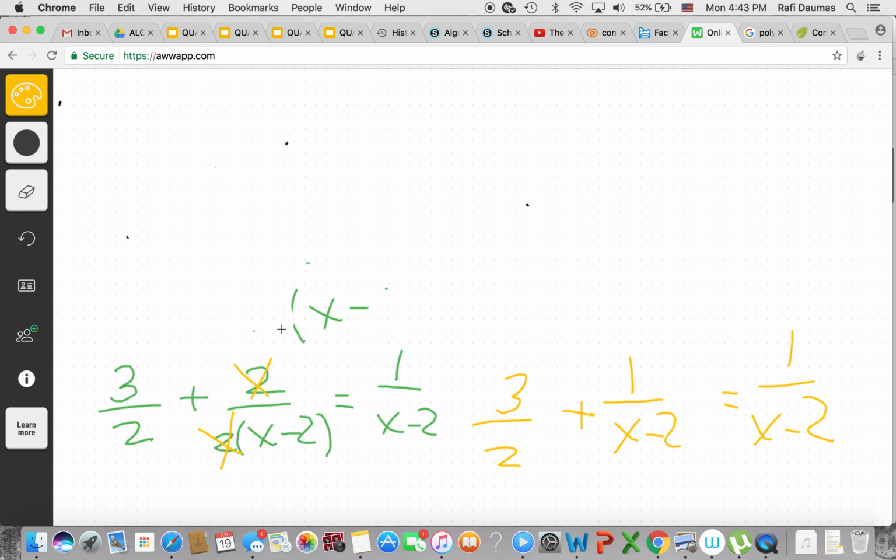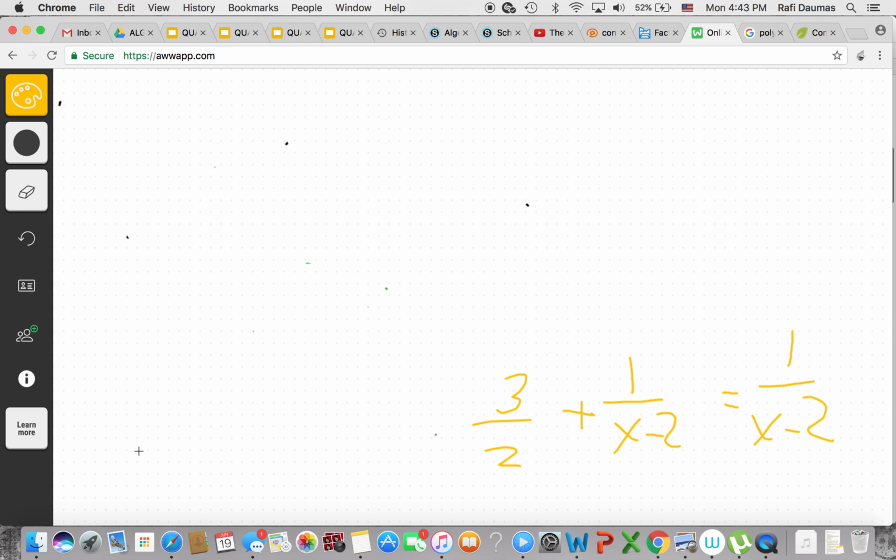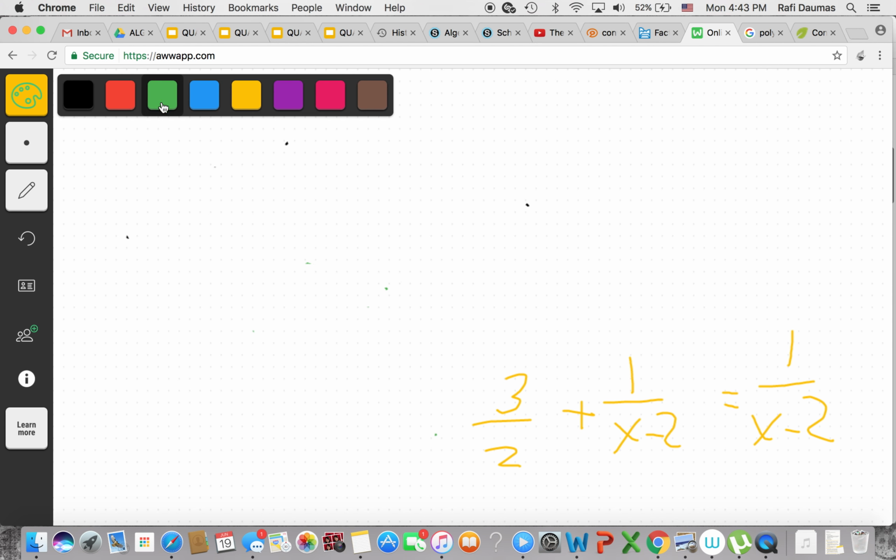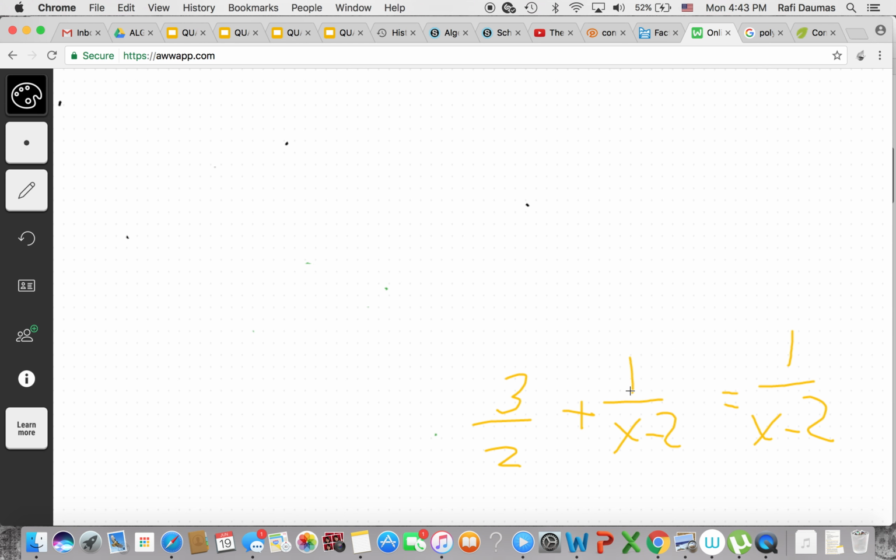So let's see. Alright, so now that we've gotten rid of that, we have to solve this equation. Our common denominators are 2 and x minus 2.